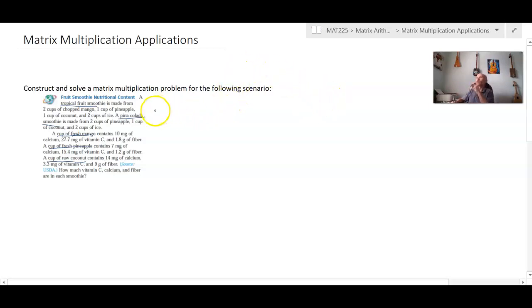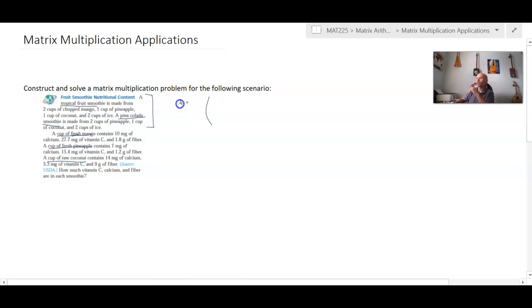So first I might choose for this first block to construct maybe a table or a matrix-like object. And there are a number of ways we can go about this, but we have 2 smoothies and we have mango, pineapple, coconut, ice. We have 4 ingredients. So we can construct a 2x4 matrix where we might have the 2 smoothies.